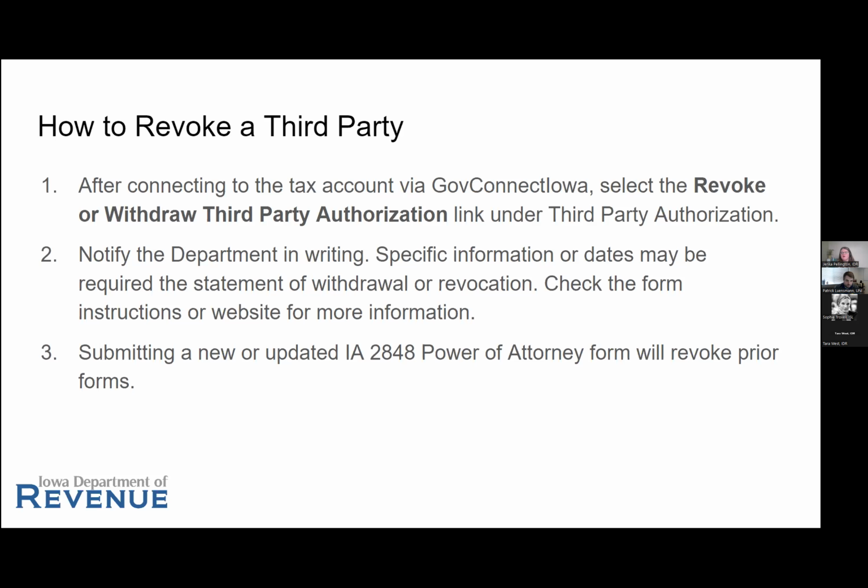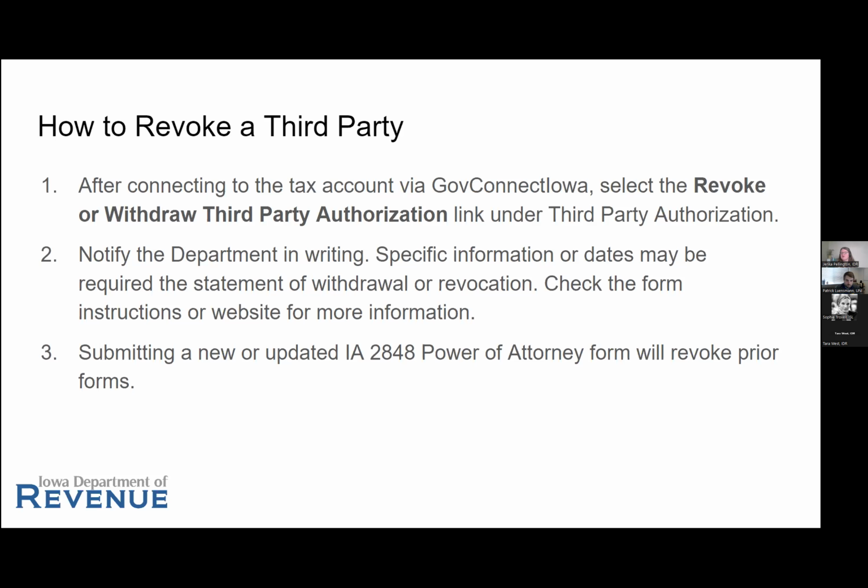So to do that, you have multiple options. The first option is to connect to the tax accounts via GovConnectIowa and revoke that third party. The second option is to notify the department in writing. I will say that we do have examples and we do have specific requirements on our website. And if you go out there, you would be able to view it.